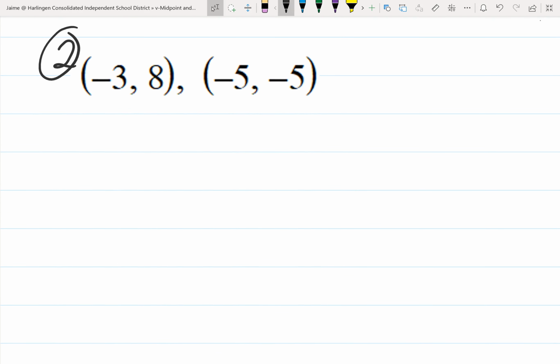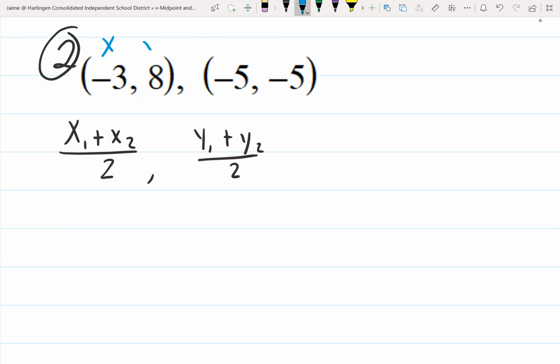We're going to use the midpoint formula. x1 plus x2 divided by 2, comma, y1 plus y2, divide that by 2. Label. That's x, that's y, that's x, that's y. These are my first ones.